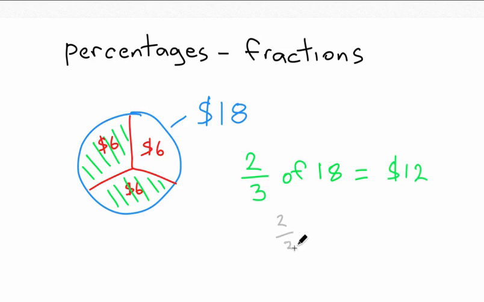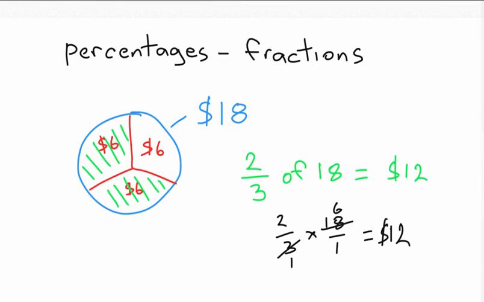And if we were to look at that in maths language, we would change the 18 into 18 over 1, spot that 3 goes into 18 again and into 3, so 3 goes into 3 once, 3 goes into 18 6 times, and 2 6s are 12, 12 over 1 is 12. $12 in our case. That's how it works.